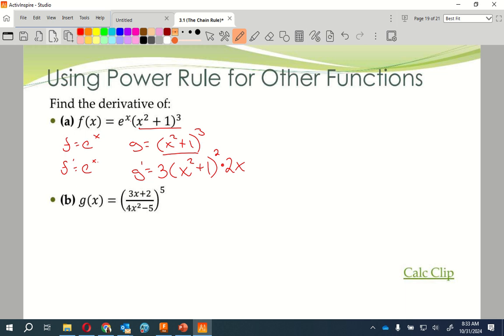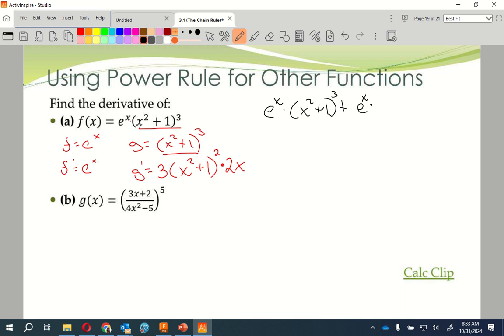Now, we said this is a product rule, so let's go ahead and just put these together with my product rule. So f prime g: e to the x times g, which is x squared plus 1 to the third, plus g prime f. I'm going to put my f in front though. So that's going to be e to the x times g prime.